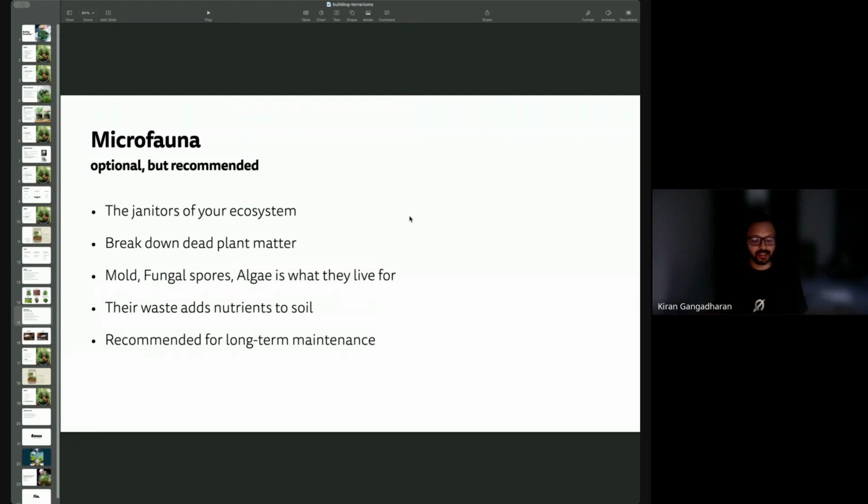Basically janitors. They break down the plant matter. They just thrive on mold, fungal spores and algae, which both look bad.